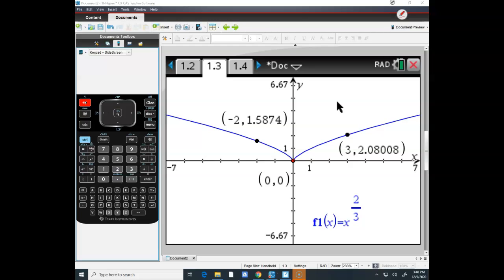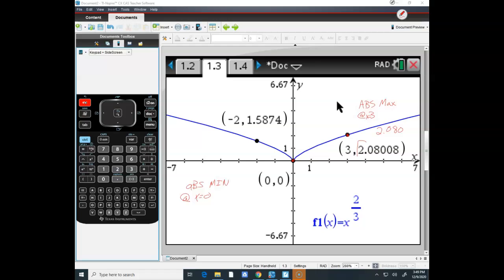Well, I do have, right here, an absolute min at x equals 0, and the absolute minimum would be 0. Okay? I have an absolute max at 3, when x equals 3, and the maximum happens to be 2.080.